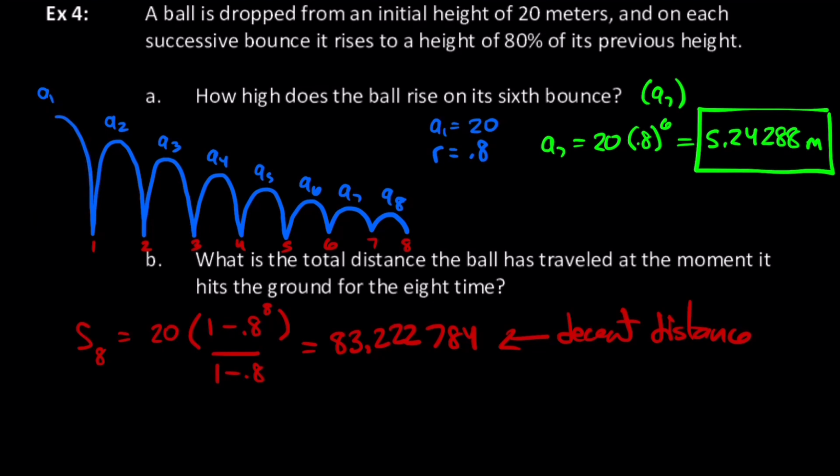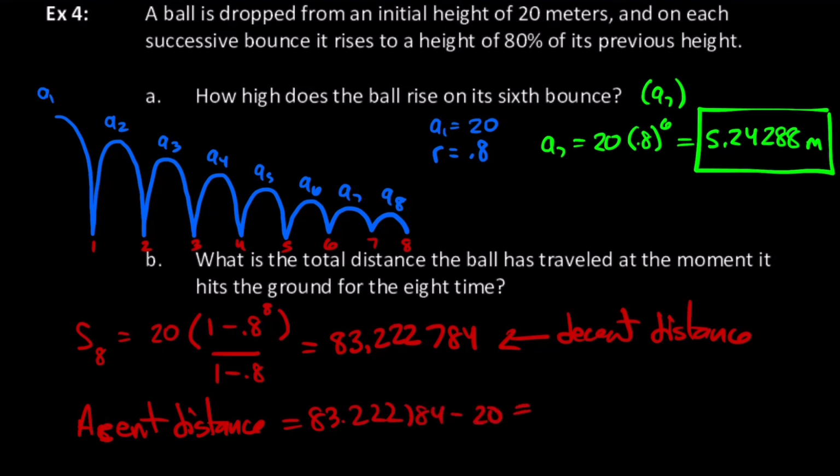So the easiest way to do the ascent distance, in my opinion, let's see, sorry, I can't spell. Ascent distance is simply going to be that 83.222784 minus 20. So that is 63.222784.